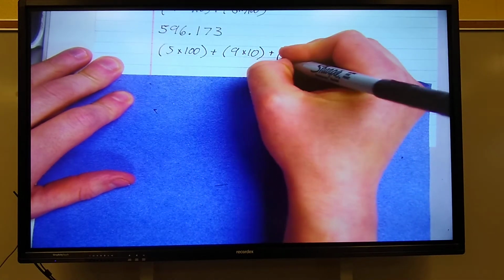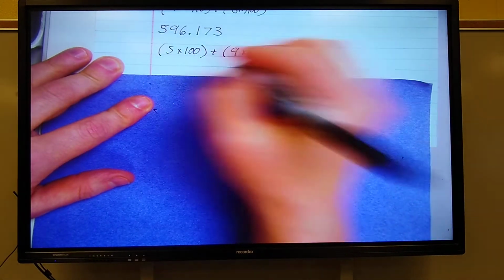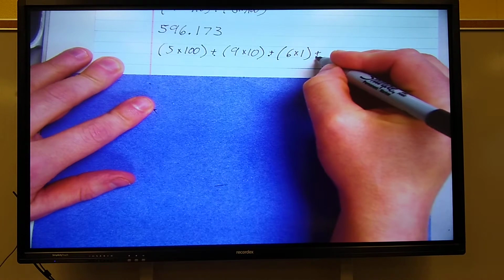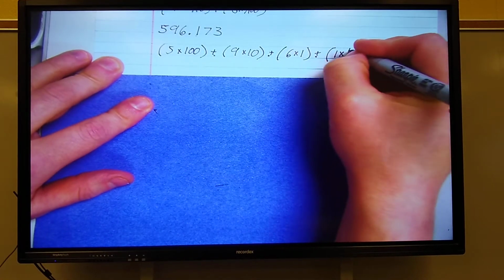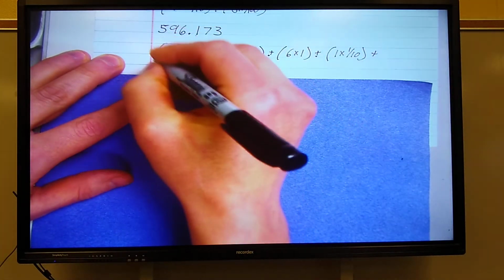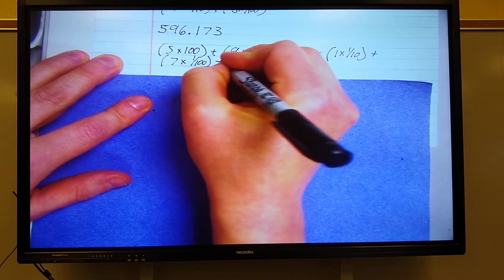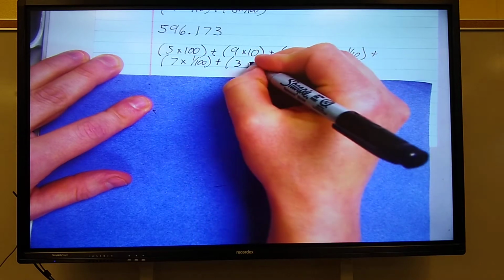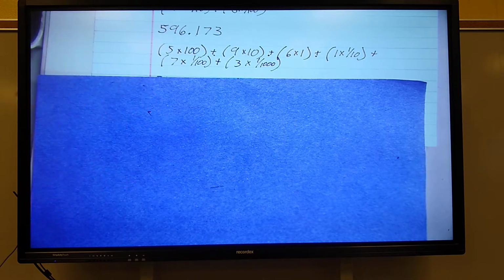The 6 is in the ones place, so 6 times 1. Plus, the 1 is in the tenths place, so 1 times 1/10. Plus, the 7 is in the hundredths place, so 7 times 1/100. Plus, the 3 is in the thousandths place, so 3 times 1/1,000. And the truth shall set you free. That's how you do it. It should be easy.